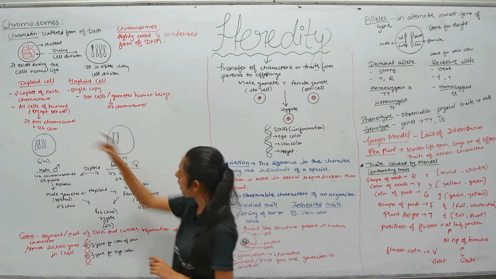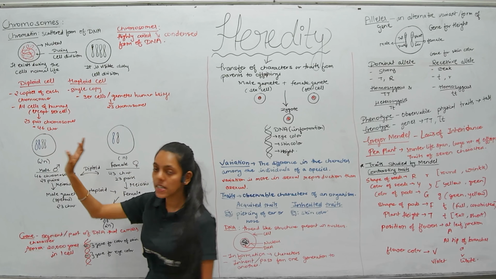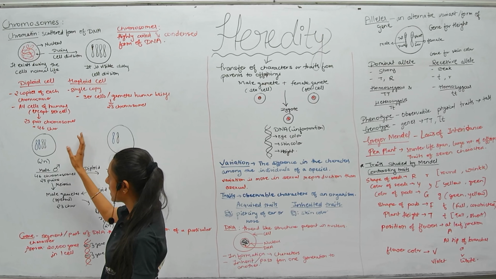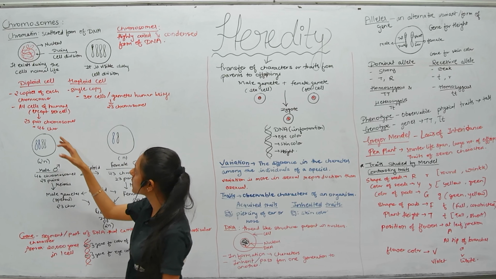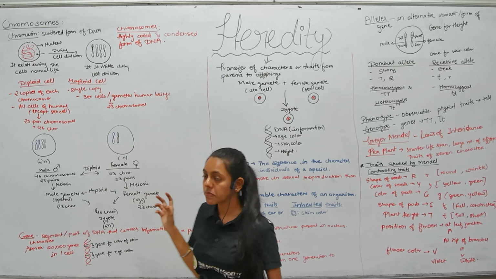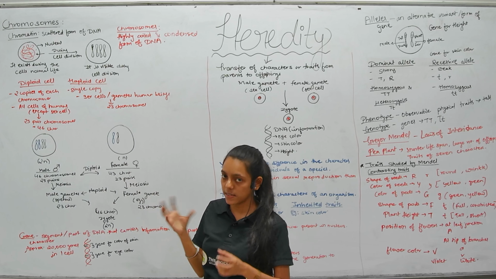So in diploid cells there are two copies of each chromosome, except sex cells. In humans there are 46 chromosomes, that is 23 pairs, except sex cells. In sex cells, one will come from the mother and one will come from the father.